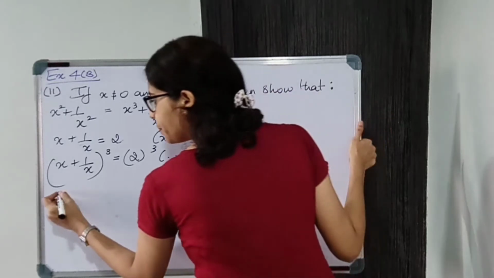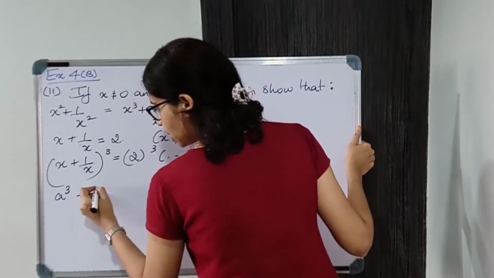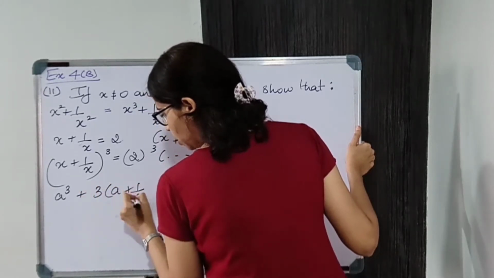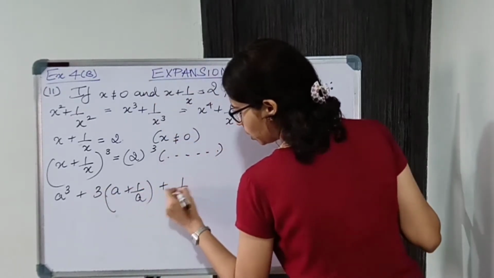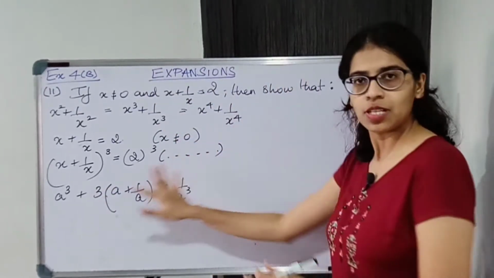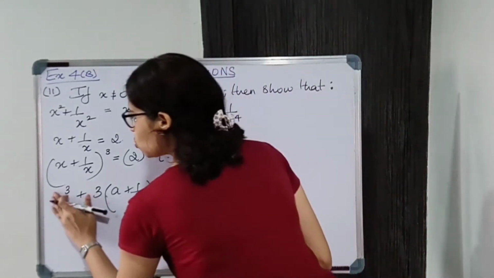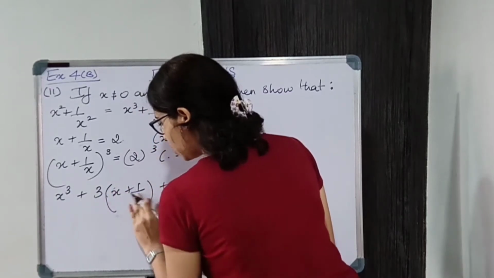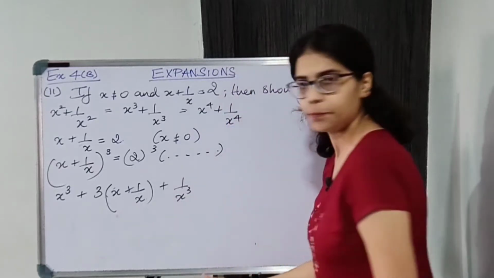So a cube plus 3 into a plus 1 upon a plus 1 upon a cube. This is the formula. In place of a there is x, so x cube plus 3 into x plus 1 upon x plus 1 upon x cube.